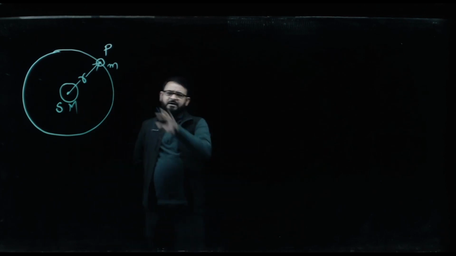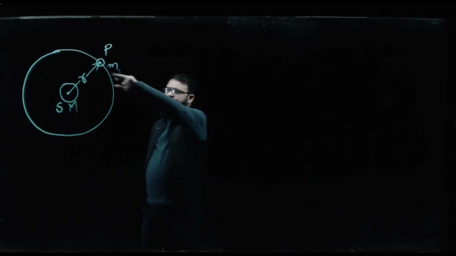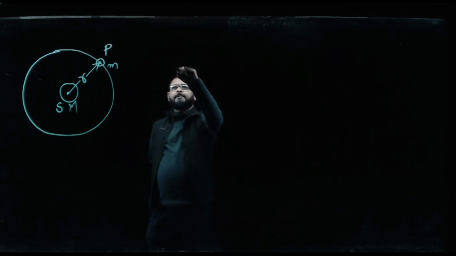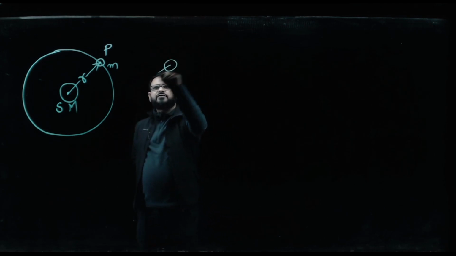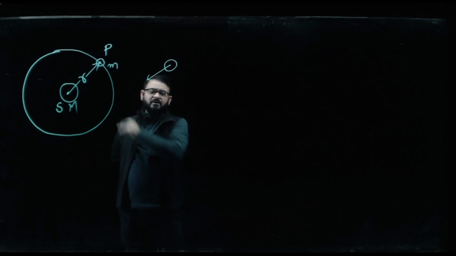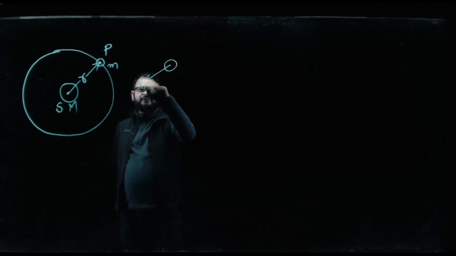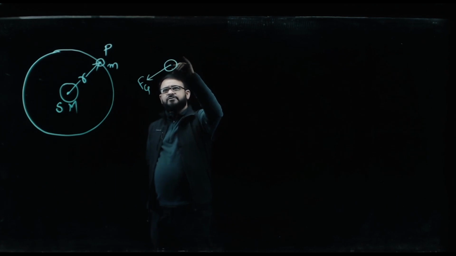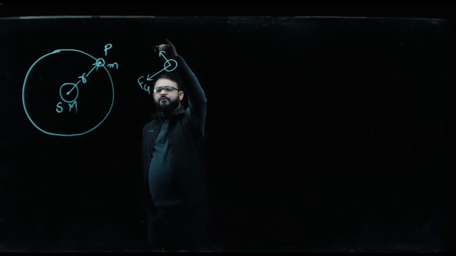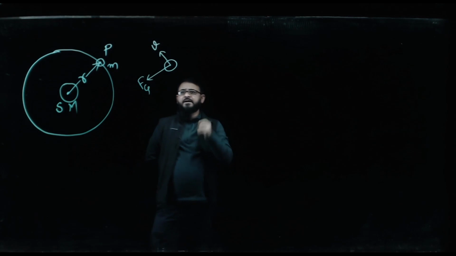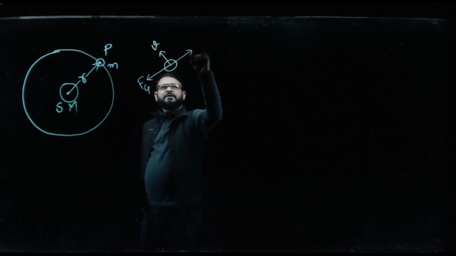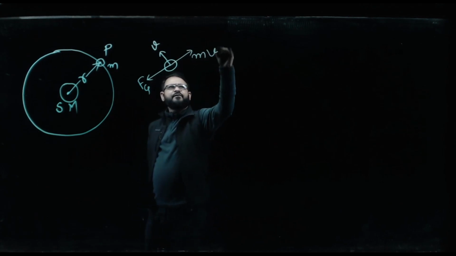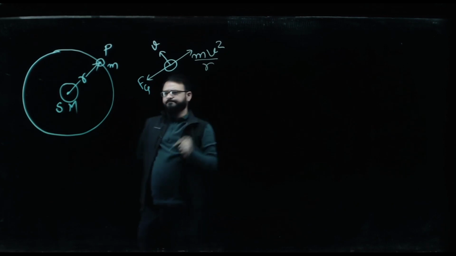All right, let's do a force balance on our planet. Our planet will be attracted towards the sun or the star by a gravitational force. At the same time, it is also moving perpendicular to this force with the velocity v. Therefore, it will have a centrifugal force, mv square by r.